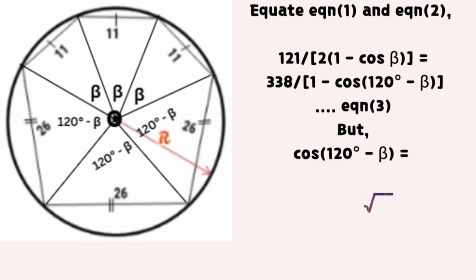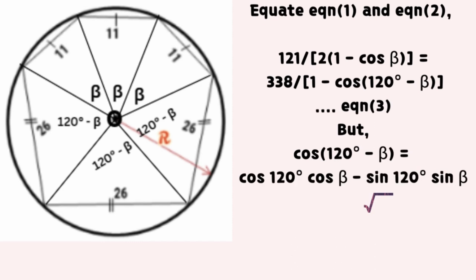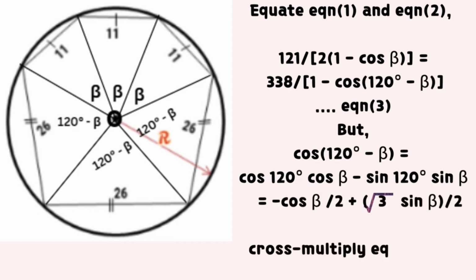Equate equation 1 and equation 2. Call it equation 3. Simplify equation 3 by using a trigonometry identity to resolve cosine of 120 degrees minus beta. Before substituting the new value of cosine of 120 degrees minus beta, cross-multiply equation 3.